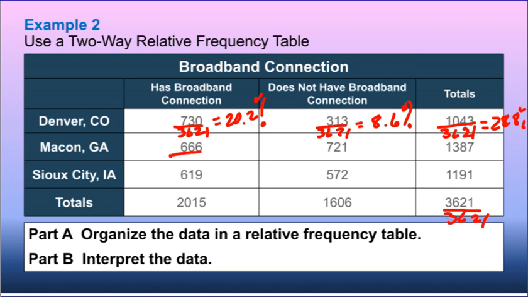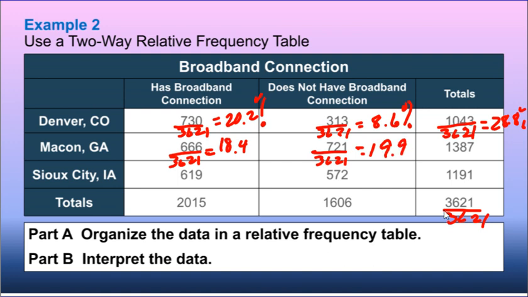The same thing here, 3621. 666 divided by 3621 gives us 18.4. 721 divided by 3621 gives us 19.9.